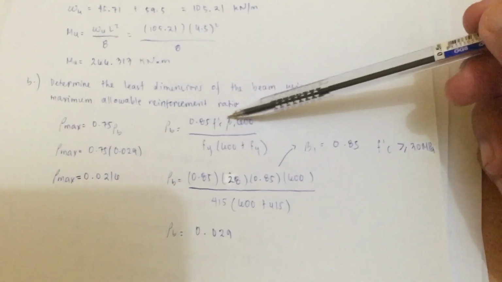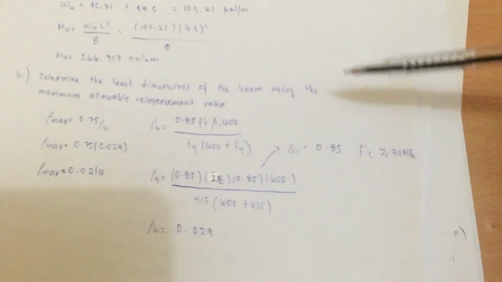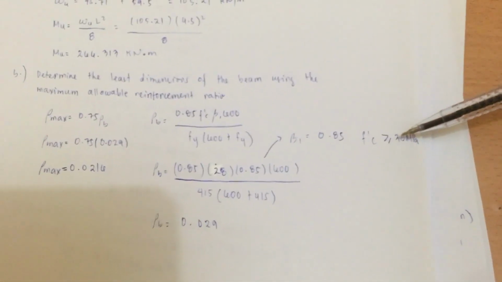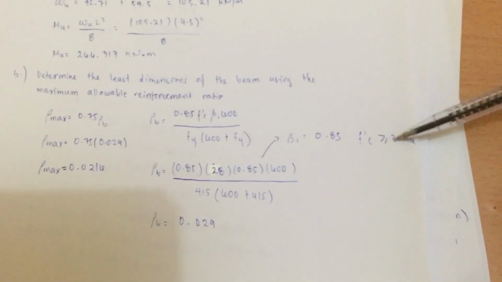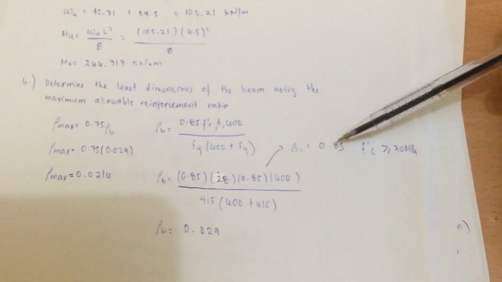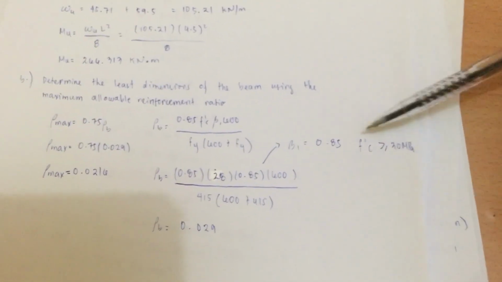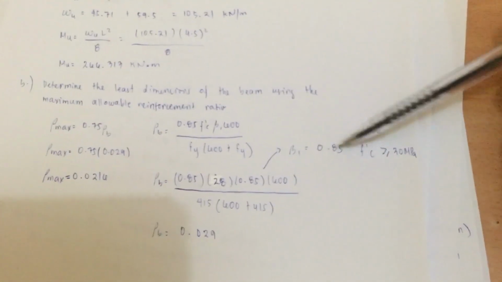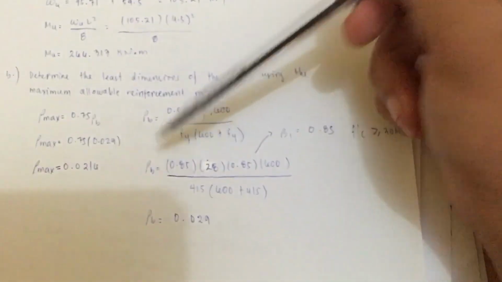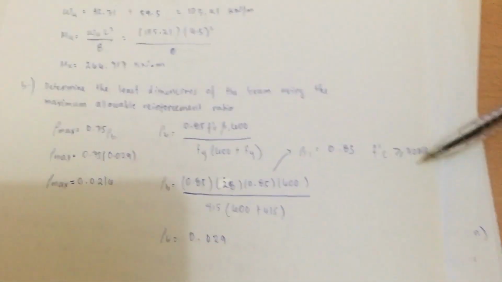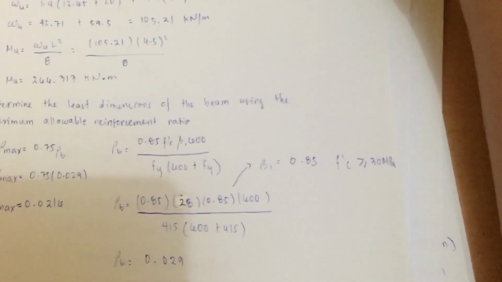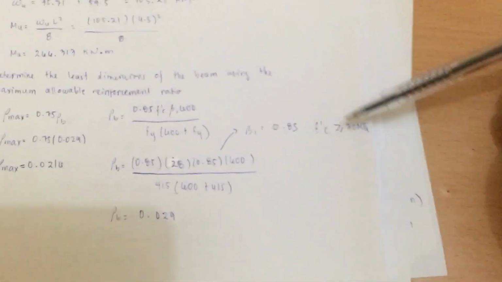Now, what is the value of this beta 1? According to the book, if F prime C is less than or equal to 30 megapascals, the value of beta 1 is 0.85. However, if it is greater, it is not 0.85. So with that, we use the value of 0.85 since the given F prime C is 28 megapascals, which is less than 30 megapascals.